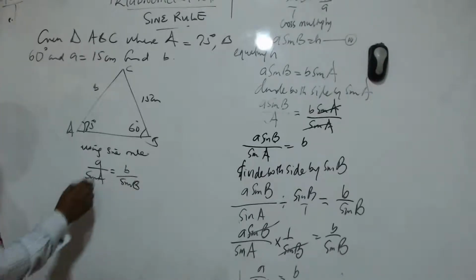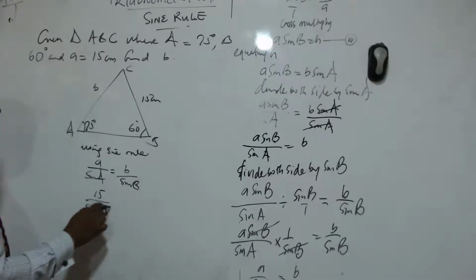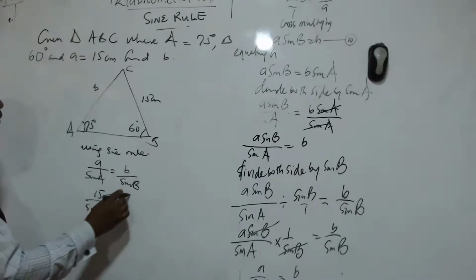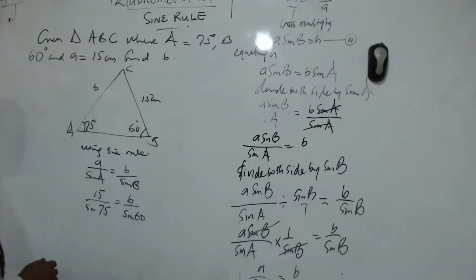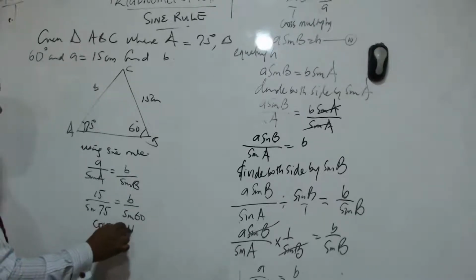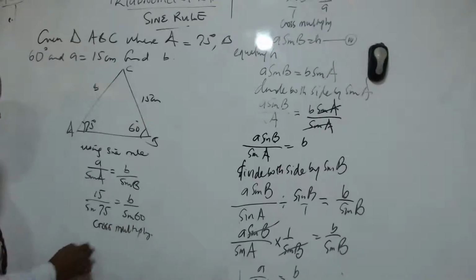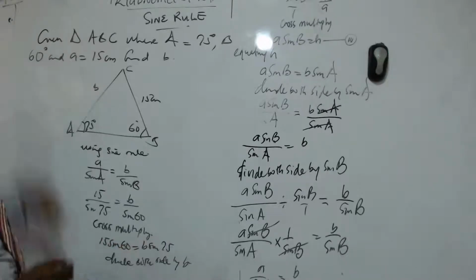Then we're going to have our A, 15, over sine 75 equals B over sine 60. Now we cross multiply, so I have 15 sine 60 equals B sine 75.